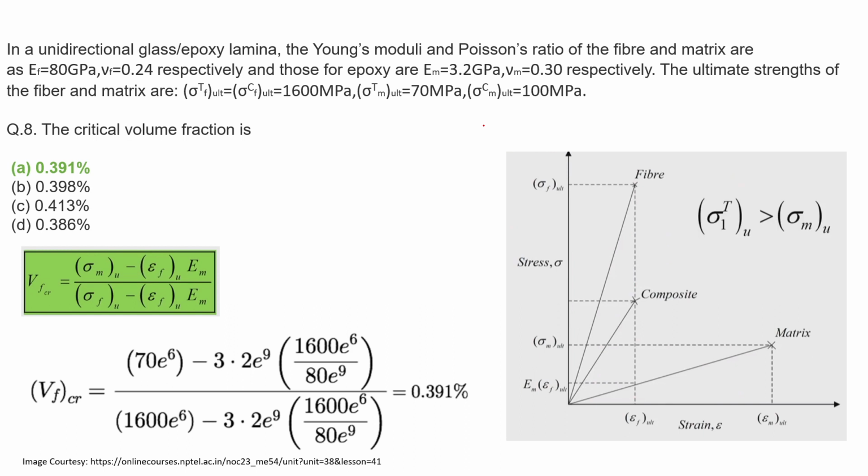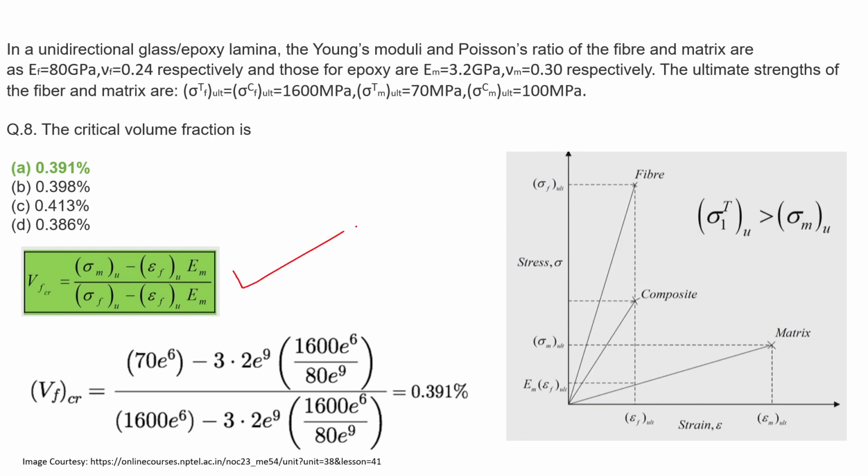The ultimate tensile stress and the compressive strength of the fiber are given as 1600 megapascal, the ultimate tensile strength of the matrix is 70 megapascal, and the ultimate compressive strength of the matrix is 100 megapascal. So we have to find the critical volume fraction.